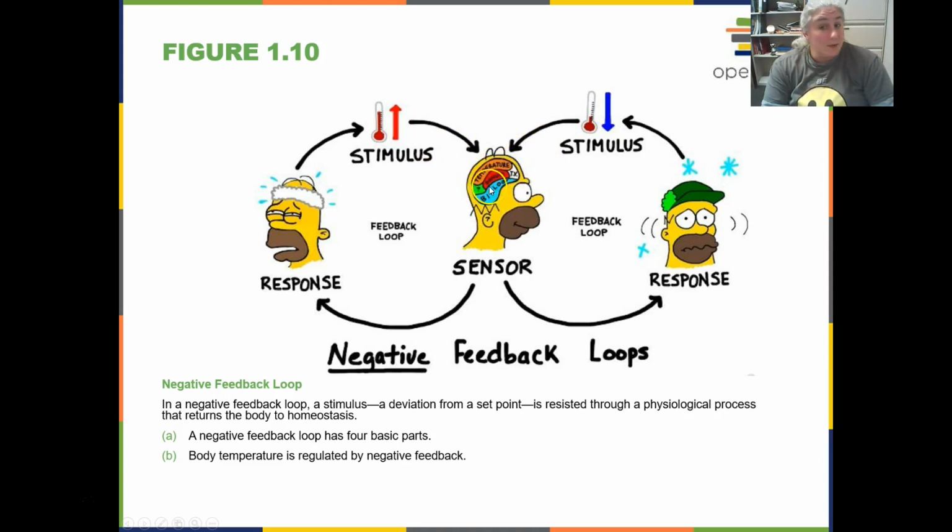Control center, hypothalamus in this case, determines what has to be done and sends out a response to the sweat glands over here, or to our muscles over here, so that over here we shiver to bring our body temperature back up to where it's supposed to be. Here we sweat to bring our body temperature back down where it's supposed to be.